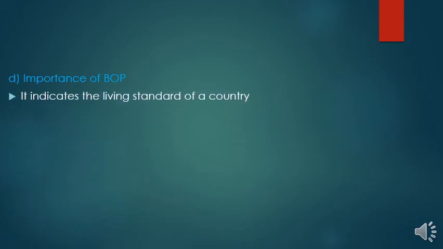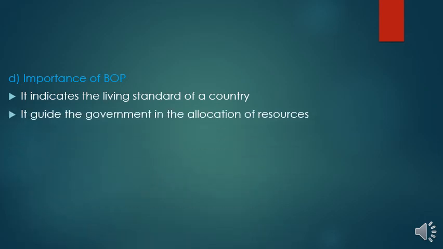We said it indicates the living standard of a country. Yes, if the balance of payment situation is improving, there's a high probability that the standard of living of that country is also improving. It guides the government in the allocation of resources.